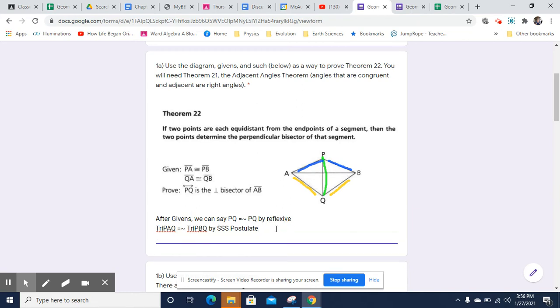I'm going to say that angle APQ is congruent to angle BPQ by CPCTC. Corresponding parts of congruent triangles are congruent.